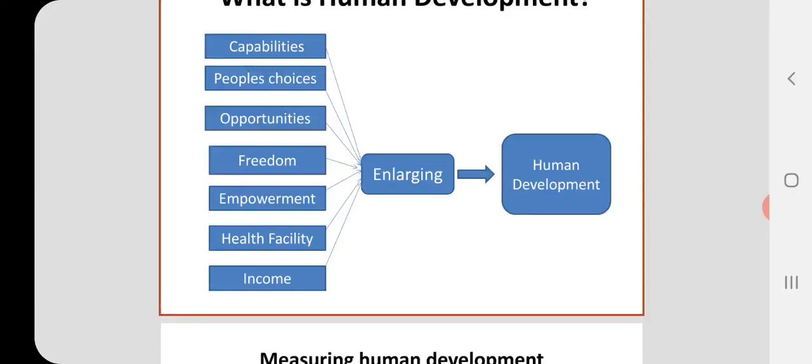How can we enlarge the capabilities or abilities? By giving them opportunities, freedom, empowerment, health facility and income. That means income means employment. Okay, so it is called human development.